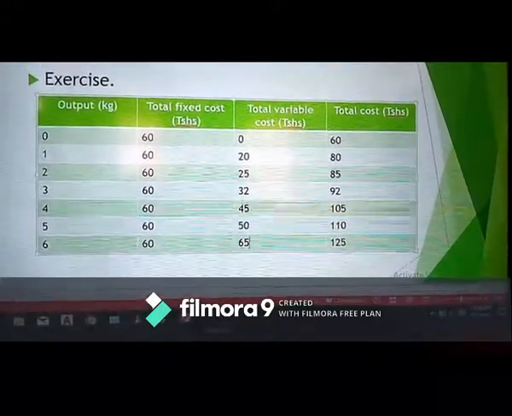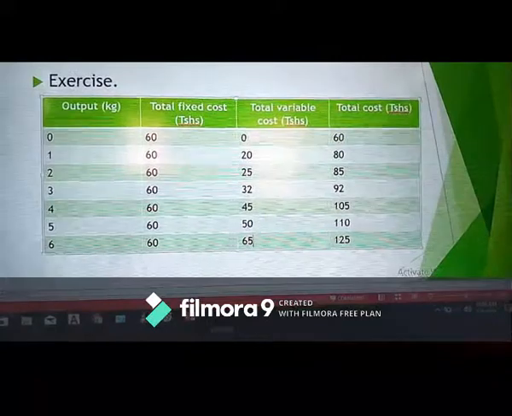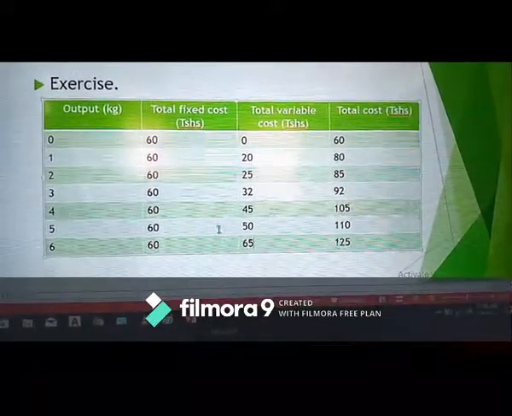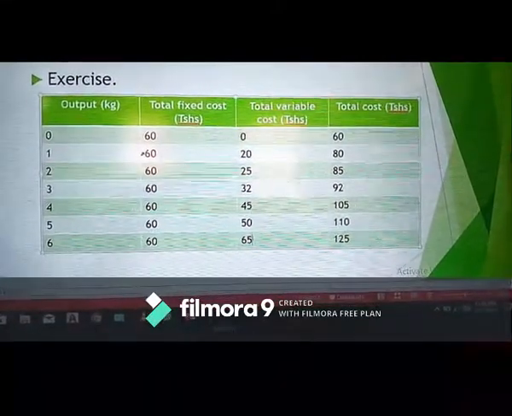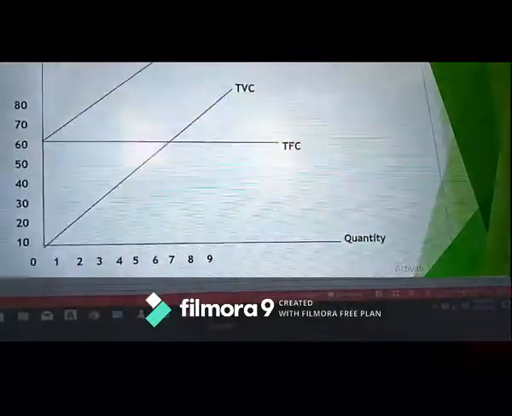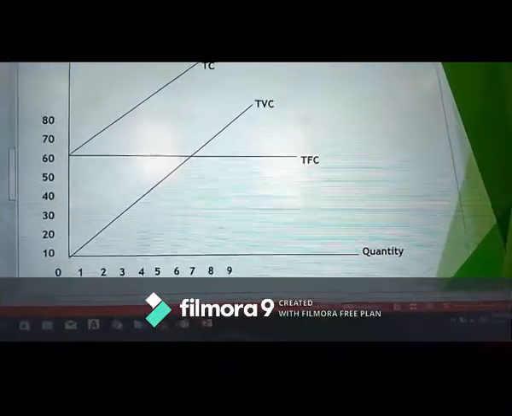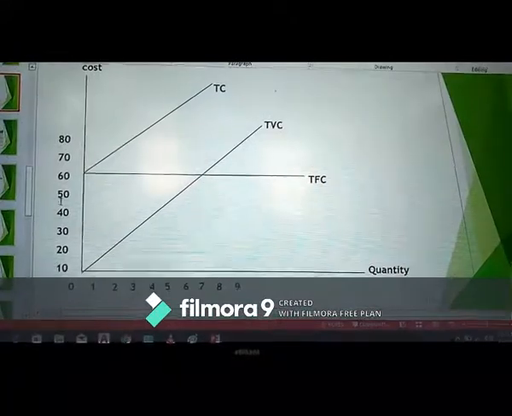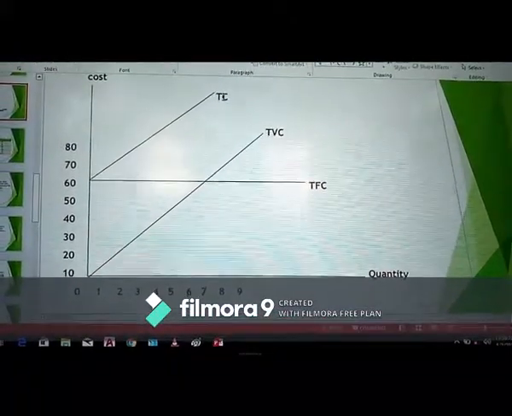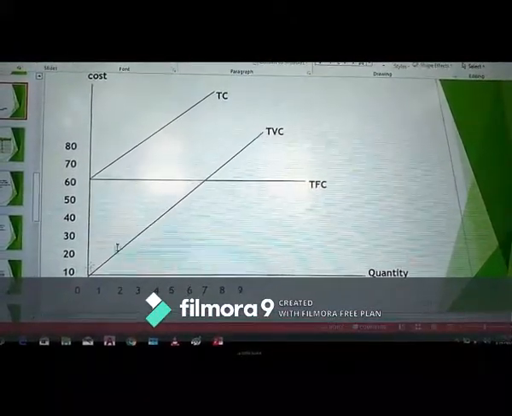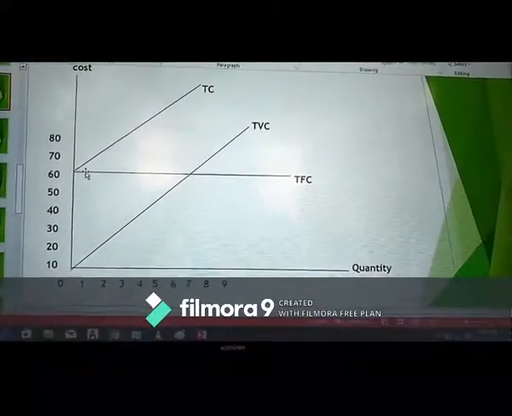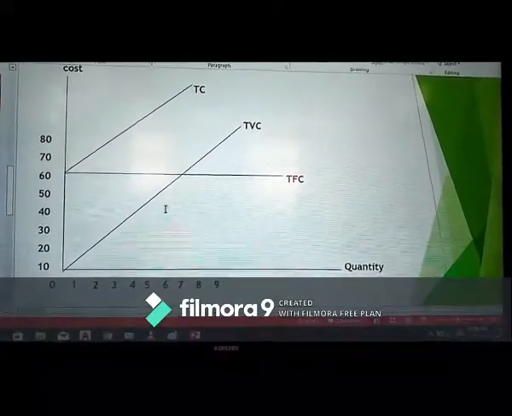As simple as you can see. When you present this information graphically, we expect your graph to look like this. As you can see, the total cost will be at this curve, total variable cost will be this curve, and 60 will be this curve.